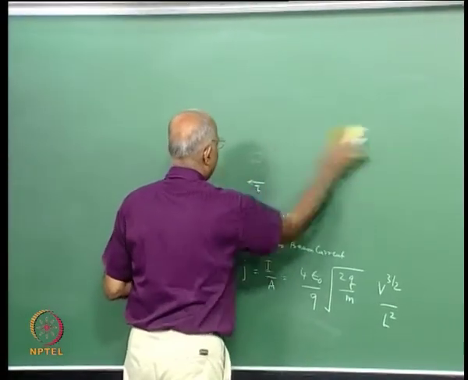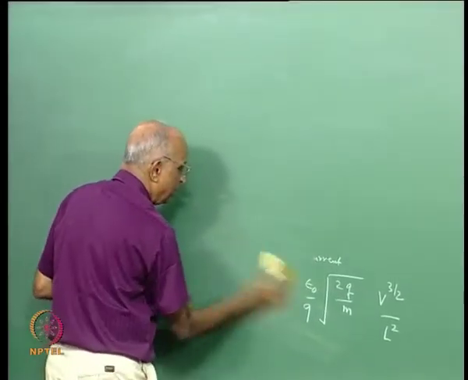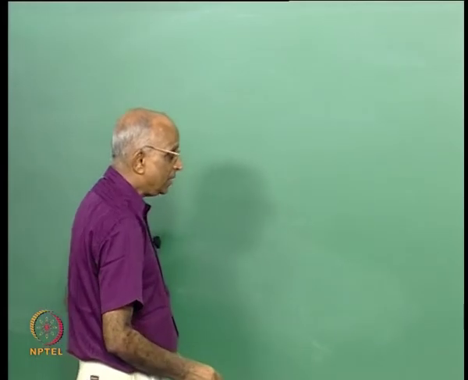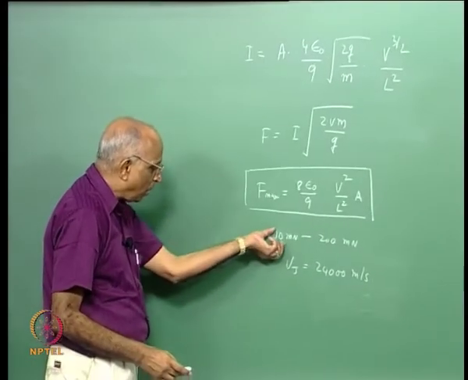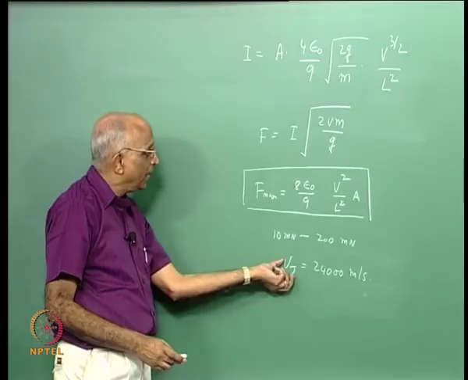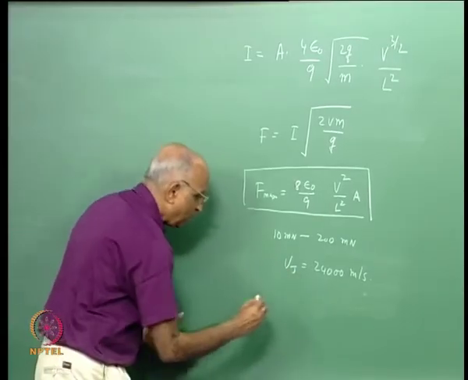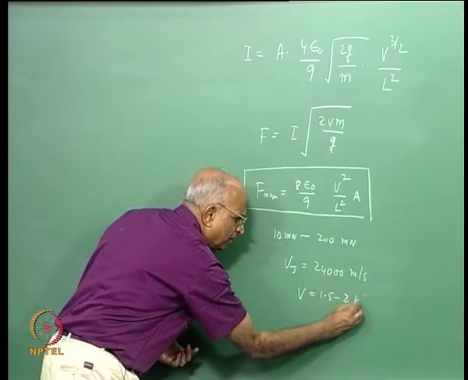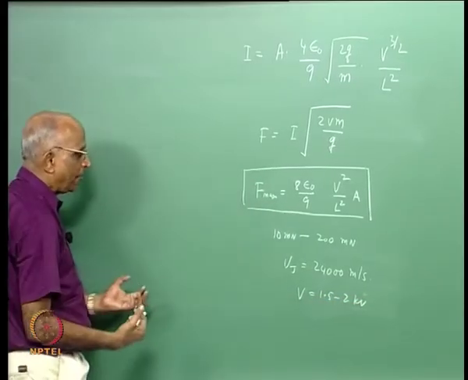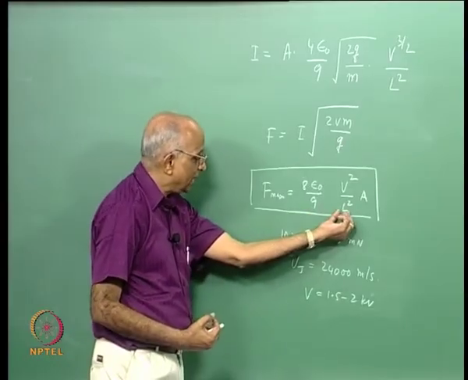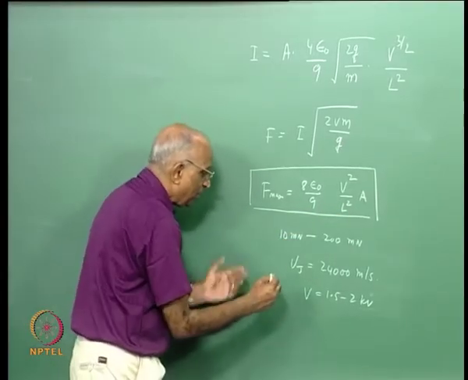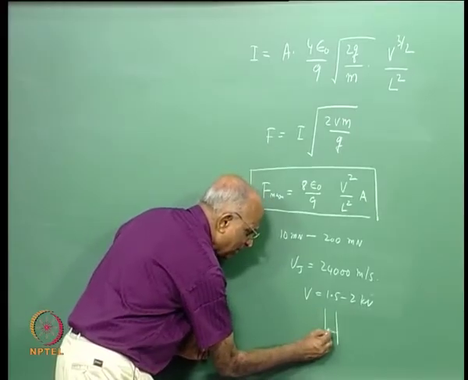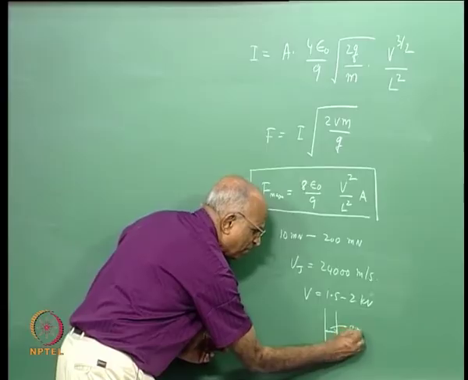Let us try to see whether I can use this principle in improving the performance of my ion thruster, because in an ion thruster the thrust is small, Vj is excellent, and I need a good field, and therefore I use a voltage of around 1.5 to 2 kV to attract the ions. Since my distance has to be small, the distance between the extracting grid and the acceleration grid is something like 0.5 mm.